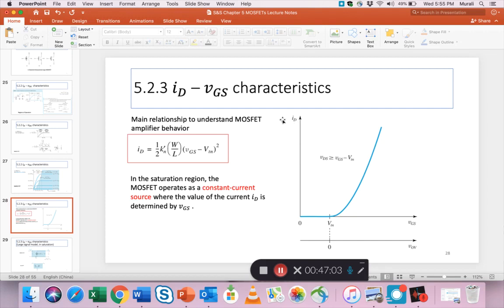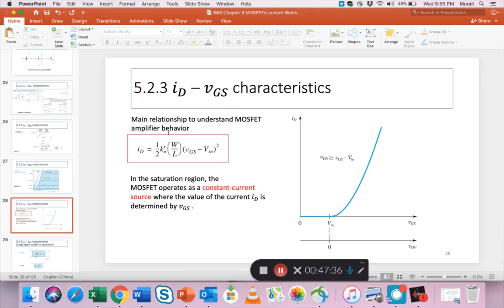How does ID vary with variation in gate to source value? Previously we kept the gate to source voltage constant and varied the drain to source. Now we keep the drain to source constant above a certain level in saturation, and then we vary the gate to source. This is one of the most important relationships. That's why I put it in red. It's the main relationship to understand MOSFET amplifier behavior.